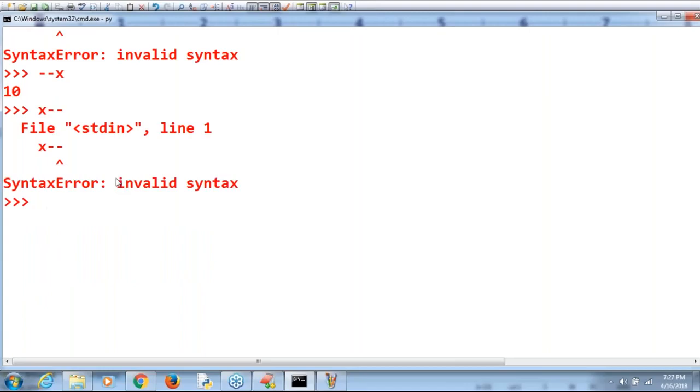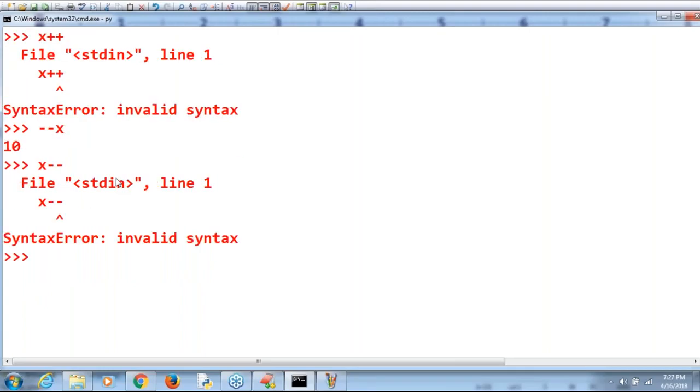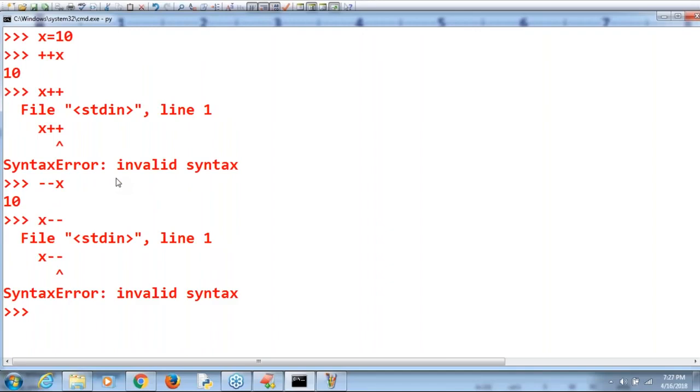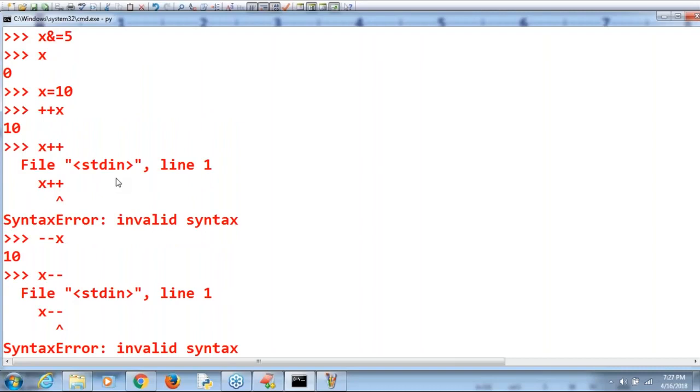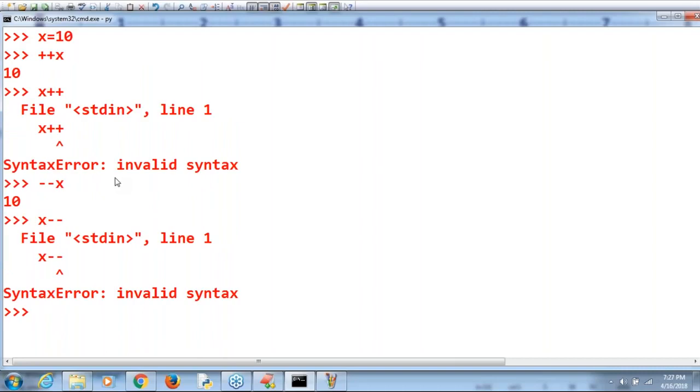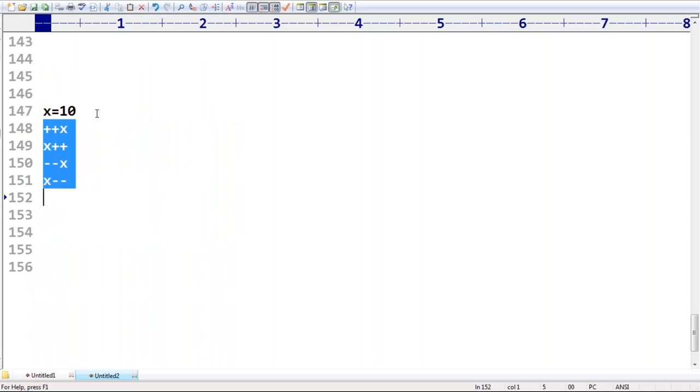What is this behavior? Anyone, can you please tell? Either increment and decrement operators are available in Python. Plus plus x, 10 I'm getting. x plus plus, syntax error.